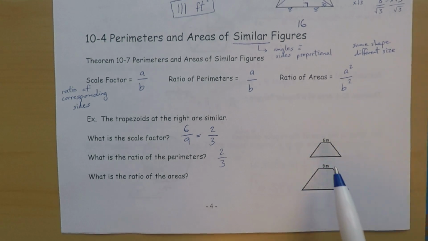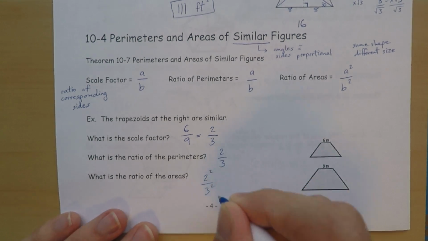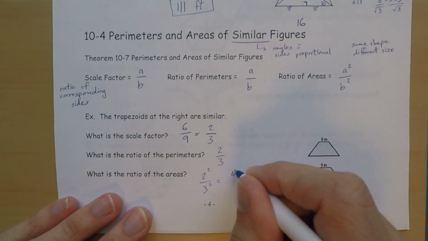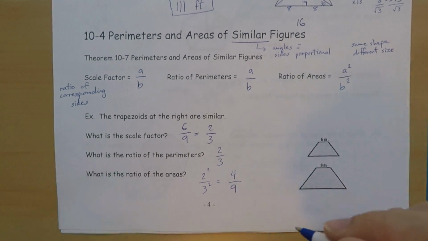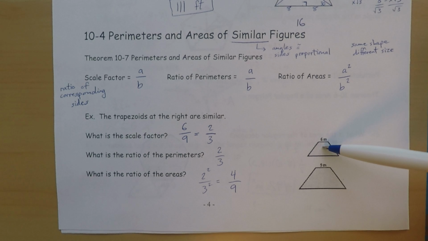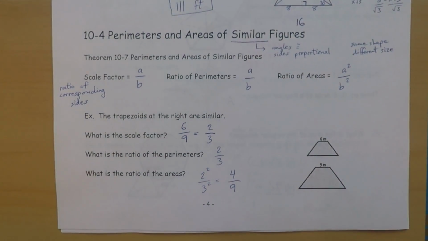Once again, without actually finding the areas of these 2 figures, since I know they're similar, the ratio of their areas is going to be 2 squared over 3 squared. The ratio of their sides, but just each squared, which is 2 squared is 4, 3 squared is 9. I know, without finding their areas, the ratio of their areas is 4 to 9.